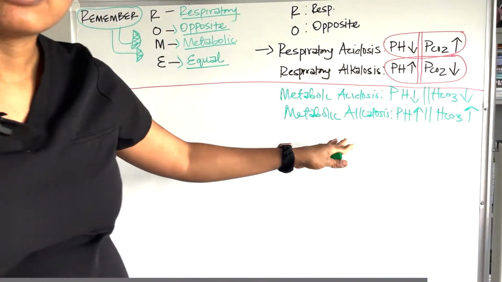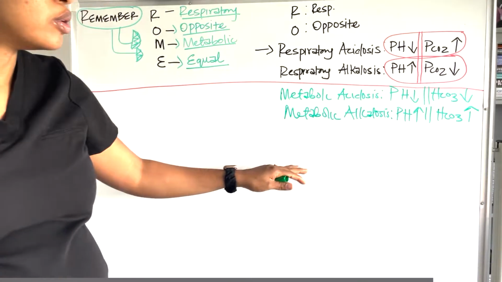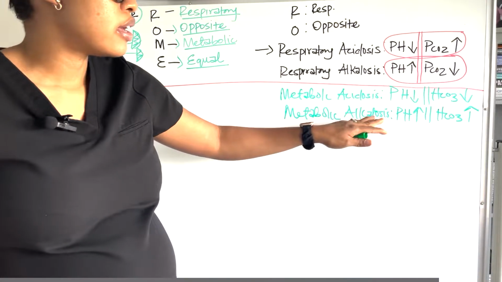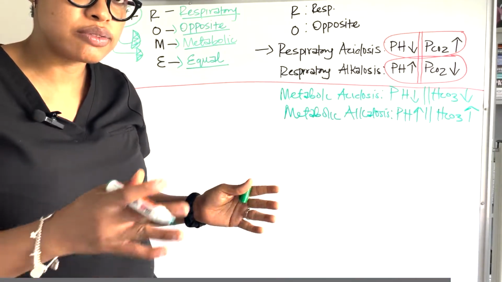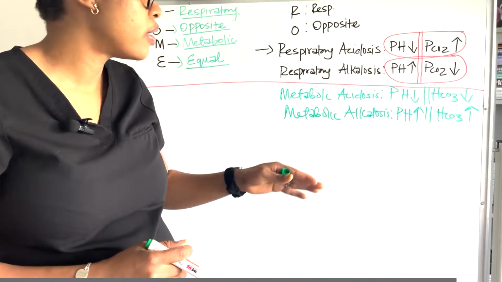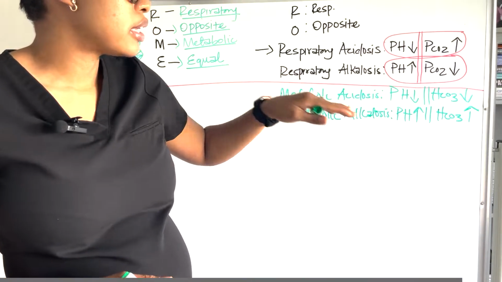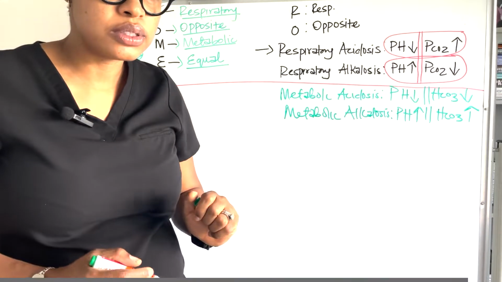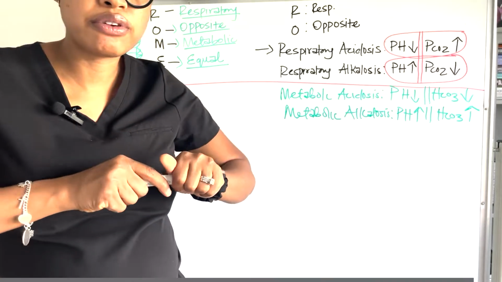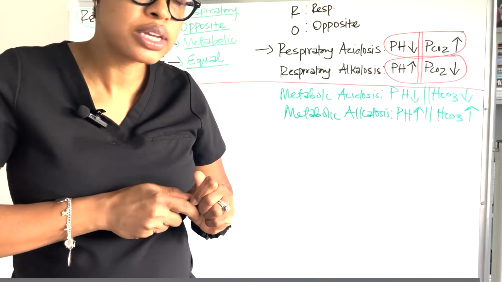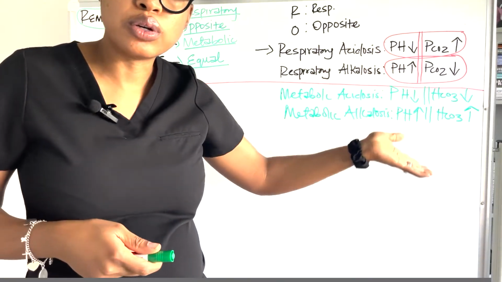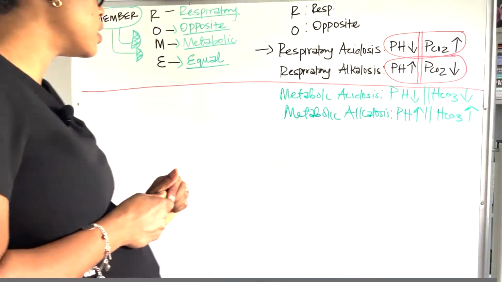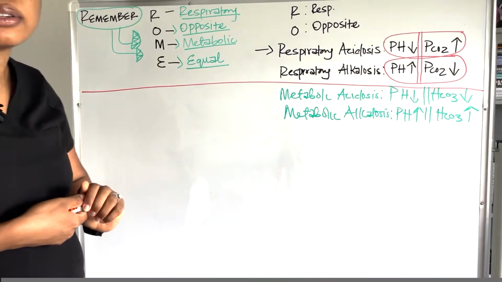So that's what we mean when we say metabolic equal. We mean that the pH and the HCO3 are usually on the basic level going in the same direction, both in metabolic alkalosis and acidosis. And remember, that is different from the opposite, respiratory, where usually you would see the pH and the PCO2 going in opposite directions. So that's pretty much the gist of it.